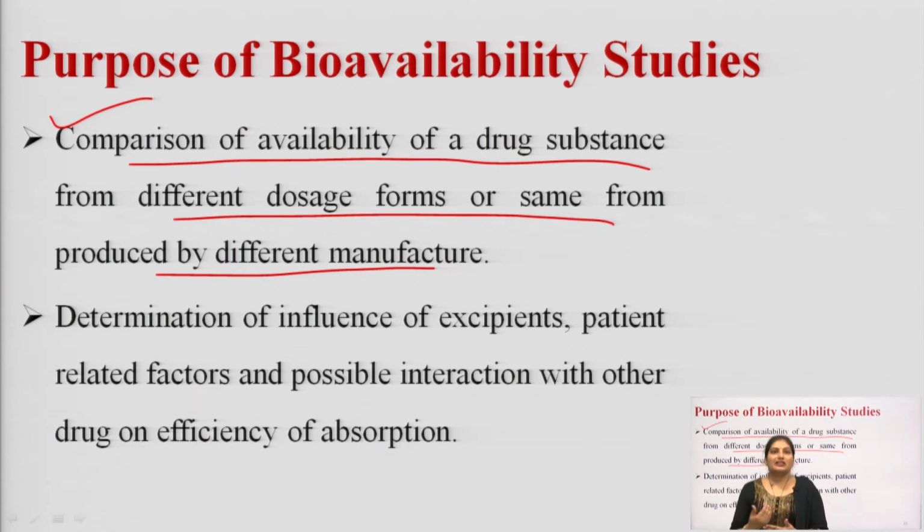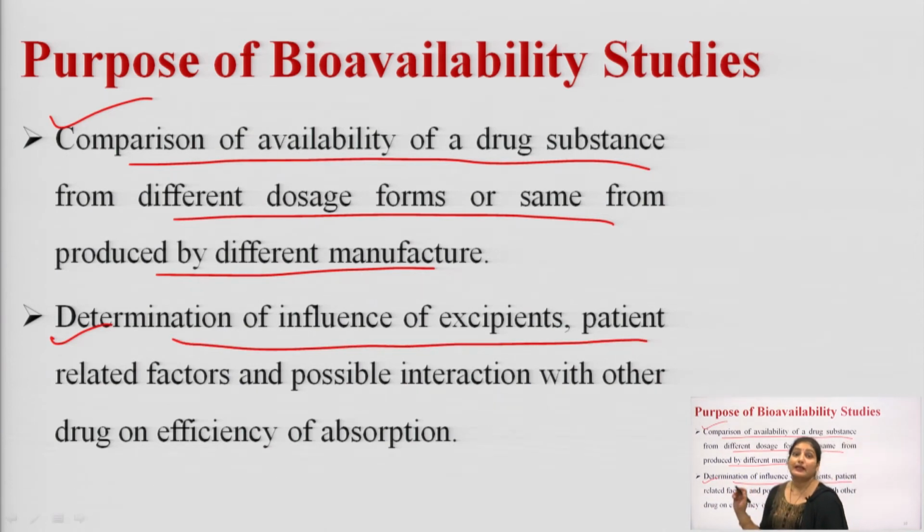Next is the determination of the influence of excipients or patient related factors and possible interaction with other drugs on efficiency of absorption. Another objective is the determination of influence of excipients, means there are a lot of excipients that can be used in the dosage form, and a particular excipient provides certain characteristics or properties to the dosage form. So, if we want to determine the effect of that excipient, then there is a need of bioavailability study.